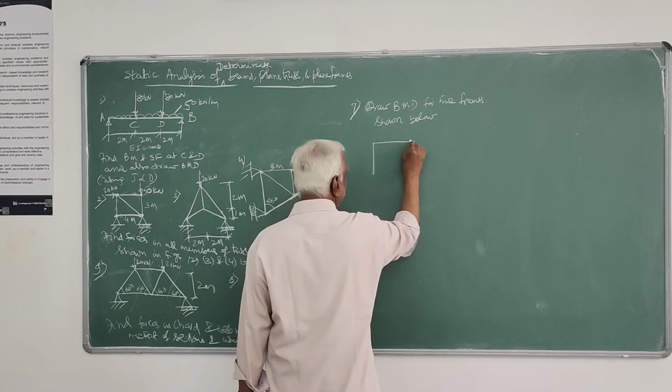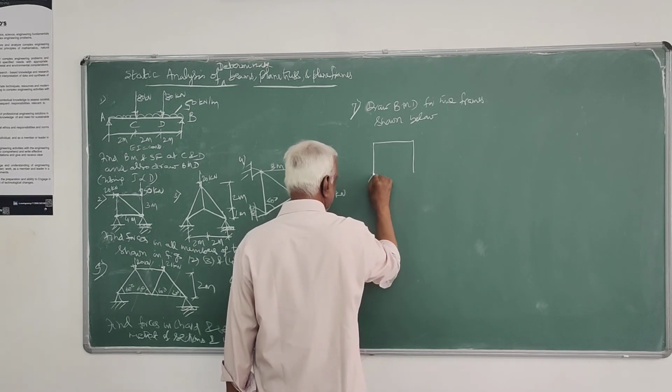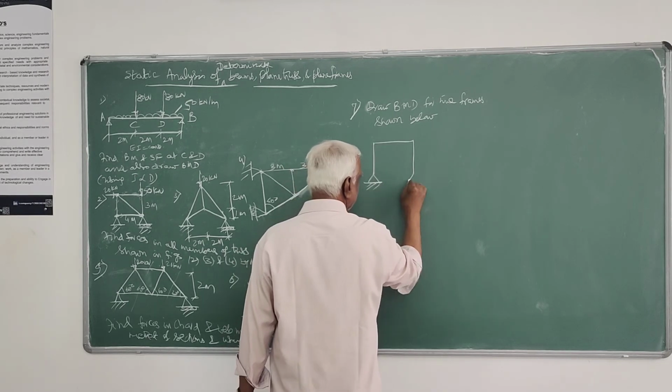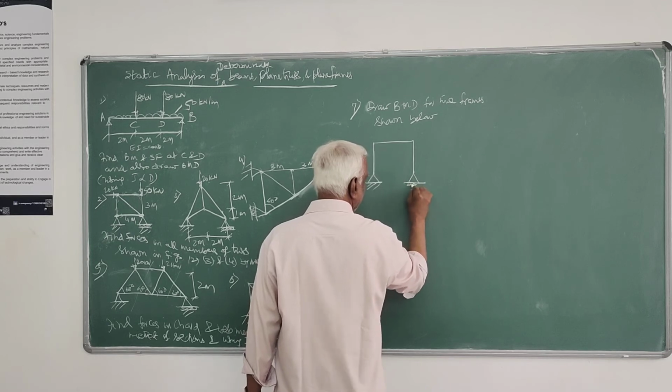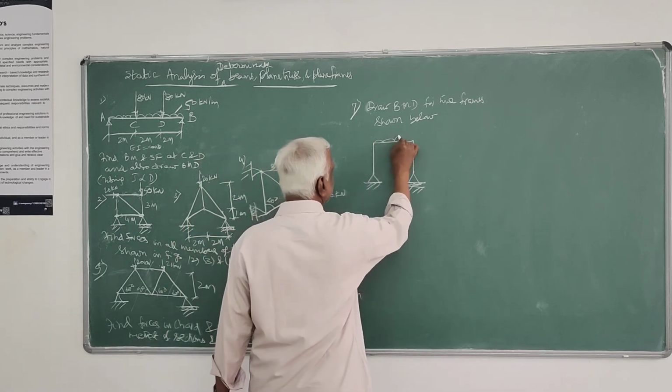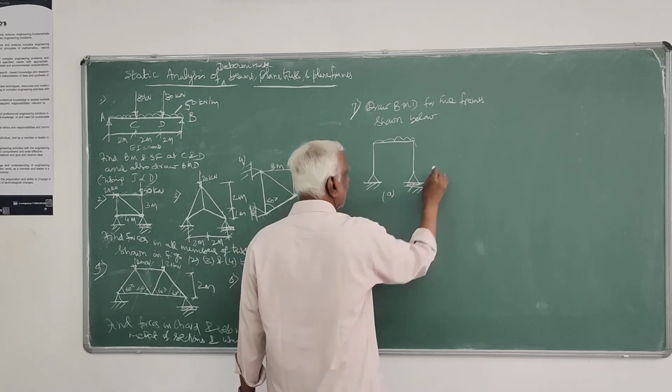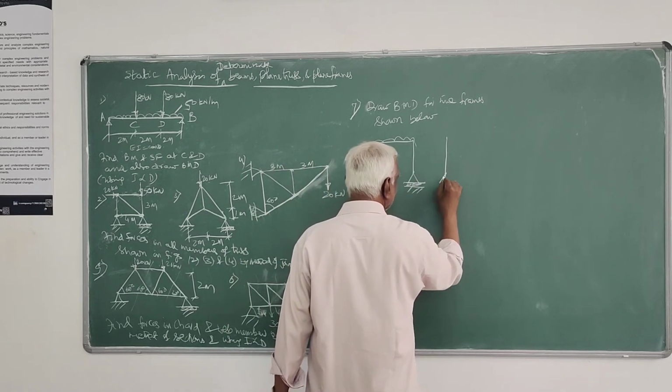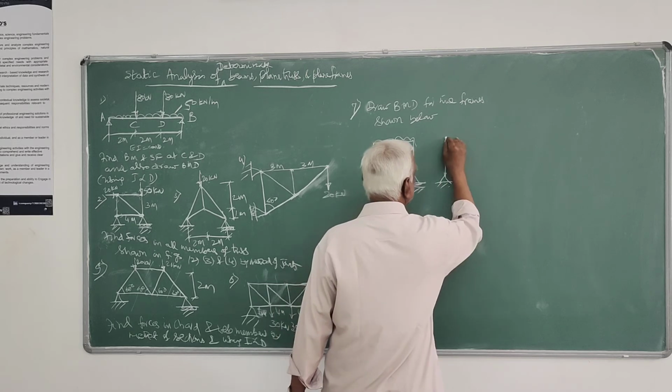One, you can take this. Of course, again determinate only. That means one end support should be hinged, other should be roller. This you can observe, it is just similar to the beams.